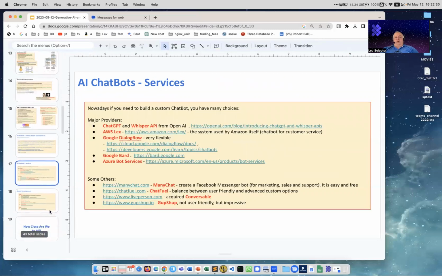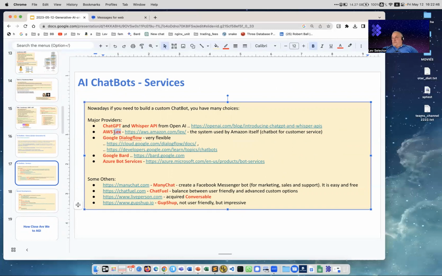Okay, today we have many chatbot services which are not necessarily AI driven. For example, for many years Amazon was using for their own customer service something called Lex, and it's available as a service. So they first created it for themselves, but then they started to provide it for external clients, for money, for subscription.